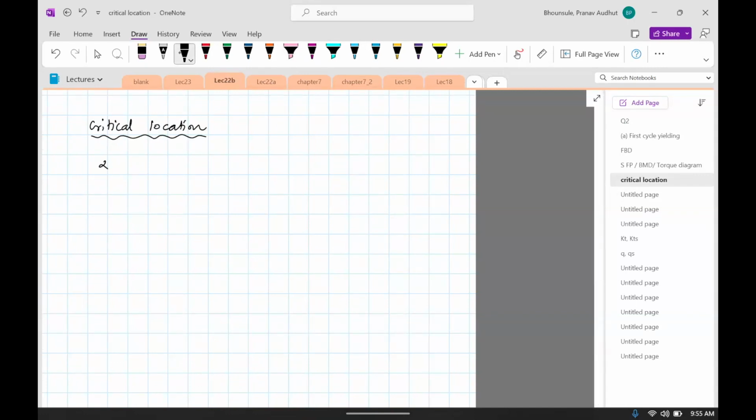There are two possible locations, C and D. Both C and D have the same torque.